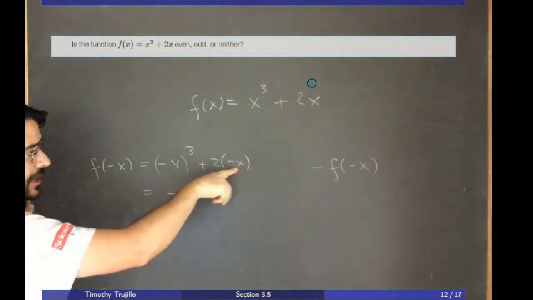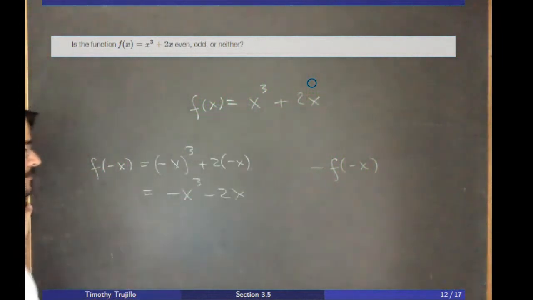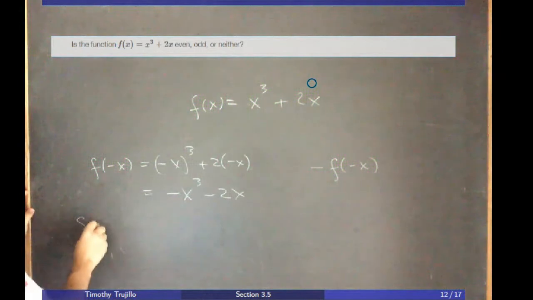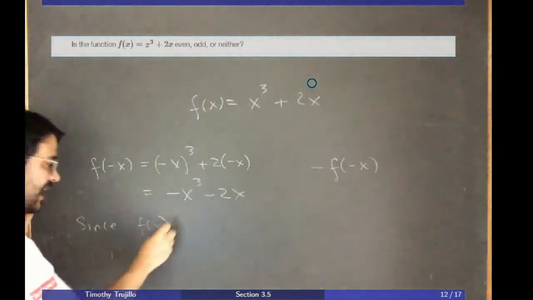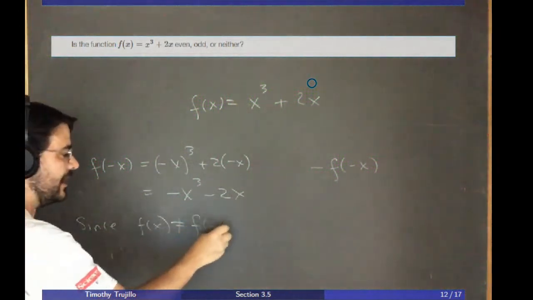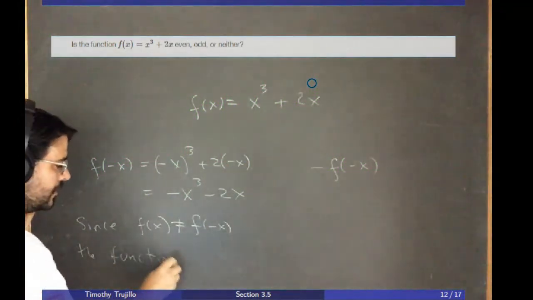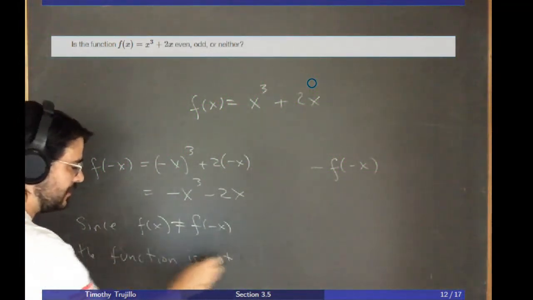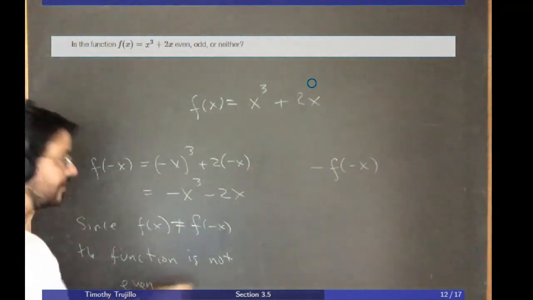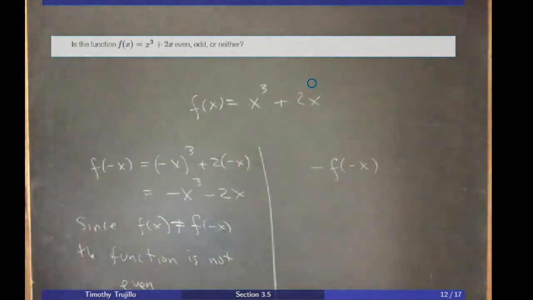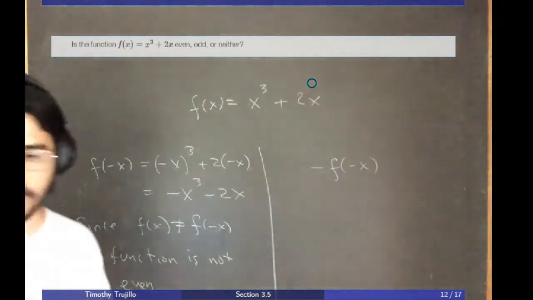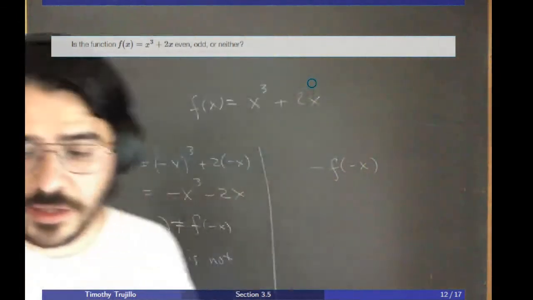And this one is 2 times negative x, so that's minus 2x. Since f of x does not equal f of negative x, the function is not even. Okay, and we wouldn't even need to write that in our supporting work. We would just do that on the scratch paper, and we just say, okay, it's not even.